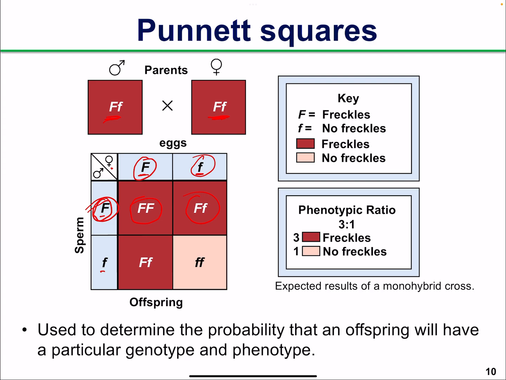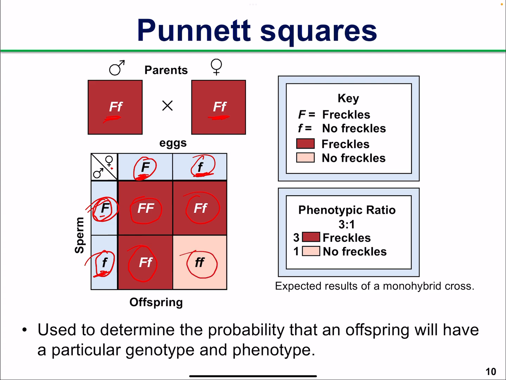By the same token, if this sperm cell with lowercase f fertilizes this egg cell with capital F, the individual is going to be heterozygous, therefore is going to have freckles. While if this sperm cell fertilizes this egg cell, the individual is going to be homozygous recessive.